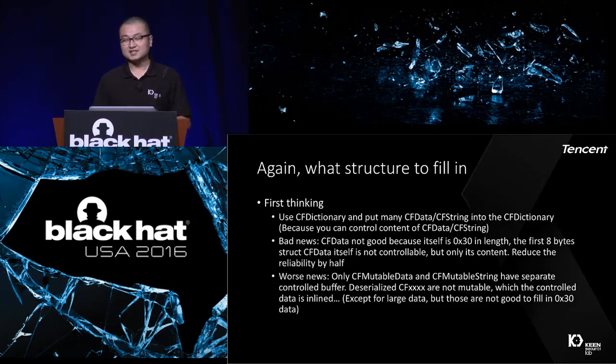But we find that is not feasible because when you send those messages to the target process, those are considered as a constant, which is that the metadata, the real data is actually inlined in that struct, which means that the first 8 bytes is also always the metadata of those CF messages, which is very bad.